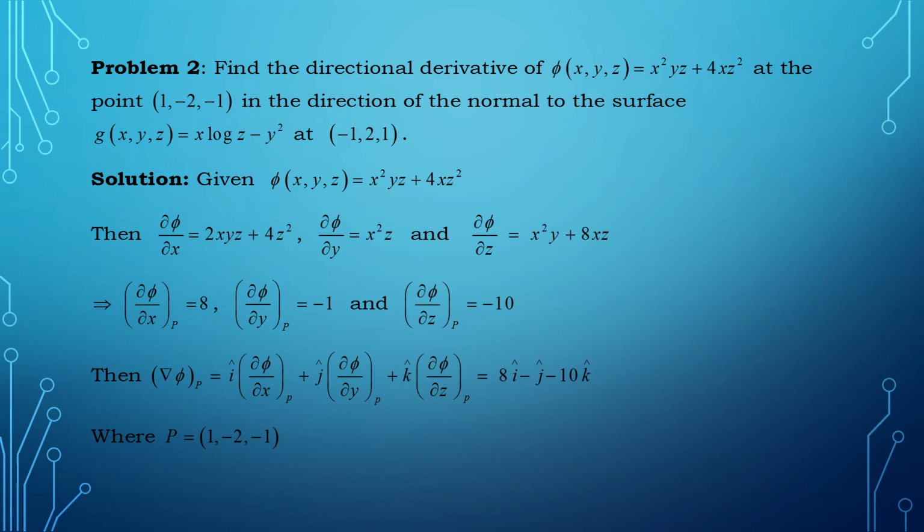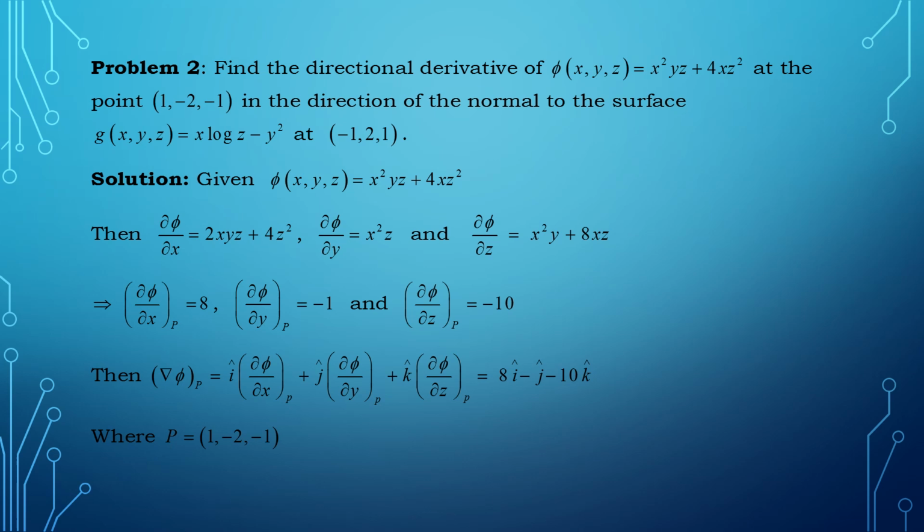The given point P is (1, -2, -1). To find the gradient of the given surface phi, first we have to find its partial derivatives, dou phi by dou x, dou phi by dou y and dou phi by dou z. First let us find out these partial derivatives.